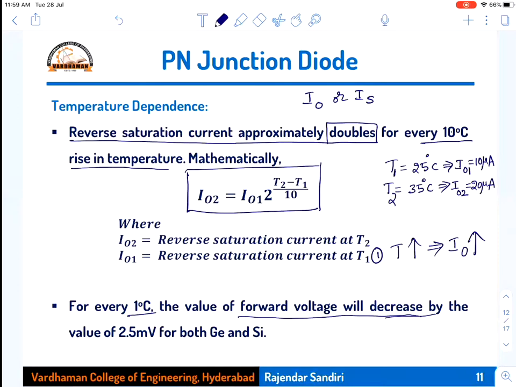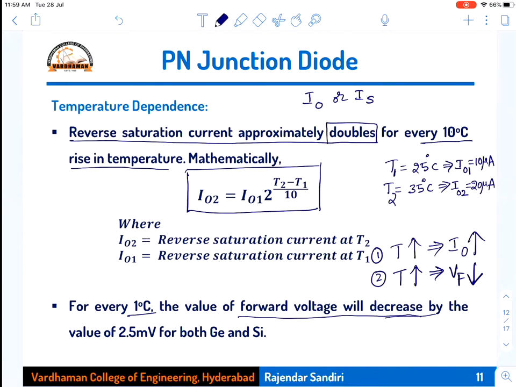Second point is, if temperature increases, the forward voltage decreases. These two are important parameters which depend on temperature. Temperature increases, reverse saturation current increases. Temperature increases, forward voltage decreases. The reverse saturation current doubles for every 10 degrees centigrade, or for any increase in temperature, the formula is I02 is equal to I01 into 2 power of (T2 minus T1) by 10.